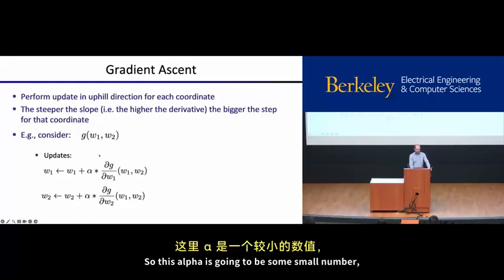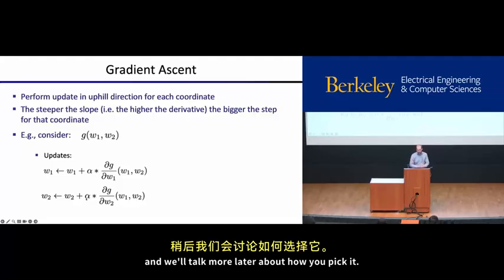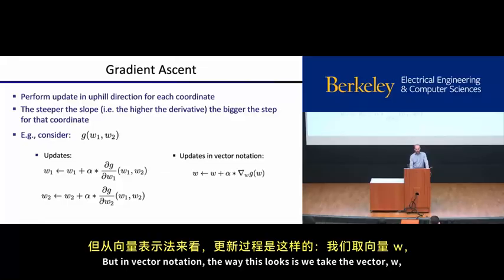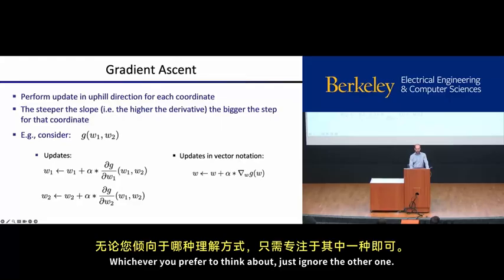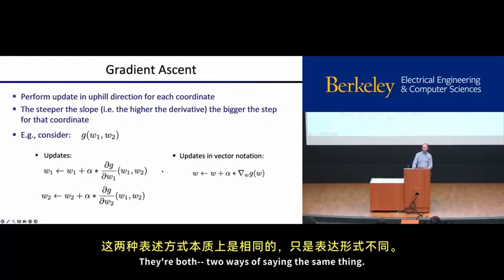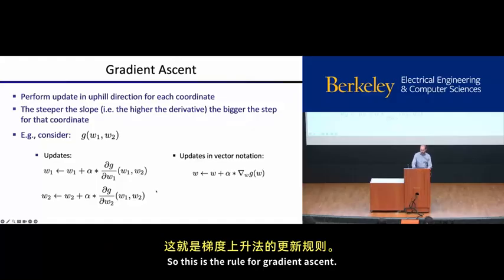This alpha is going to be some small number, and we'll talk more later about how you pick it. In vector notation, we take the vector w and add to it alpha times the gradient of this function. Whichever you prefer to think about, just ignore the other one. They're both two ways of saying the same thing. So this is the rule for gradient ascent.